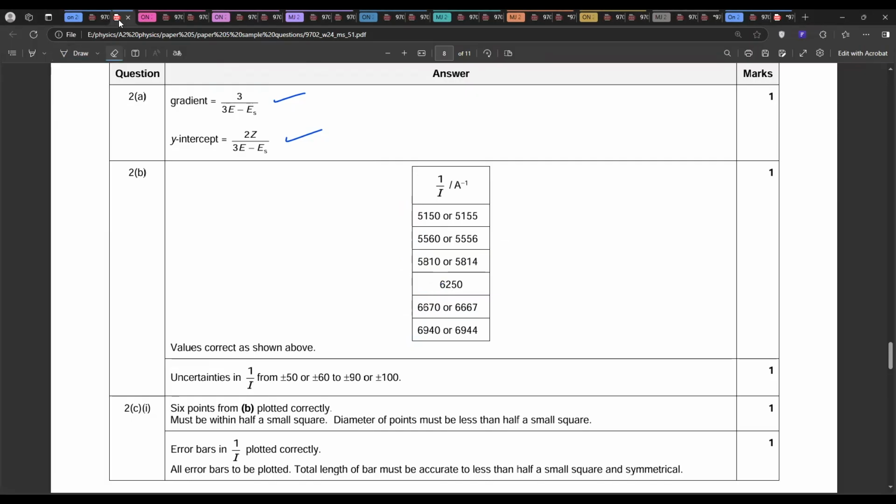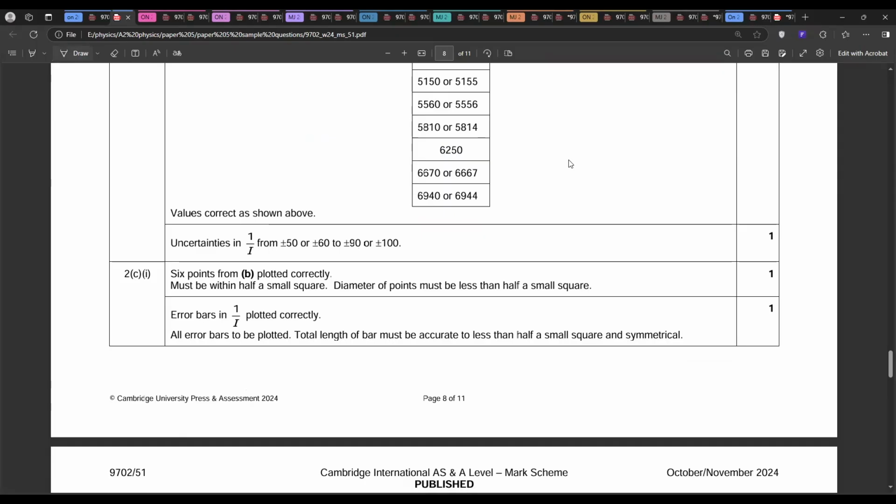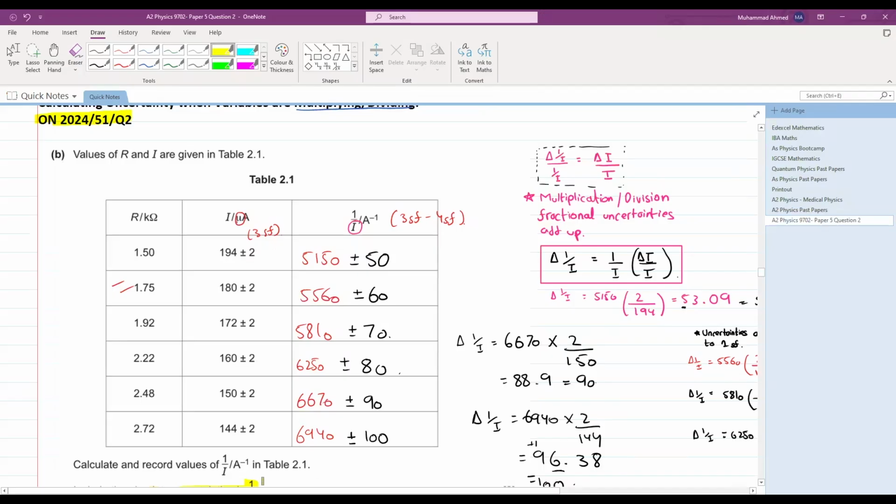We can see here this is a range of uncertainties from plus minus 50 to plus minus 100. And luckily, we have these uncertainties here from 50 to 100 plus minus. Yeah, that's correct. We have done this one correctly.